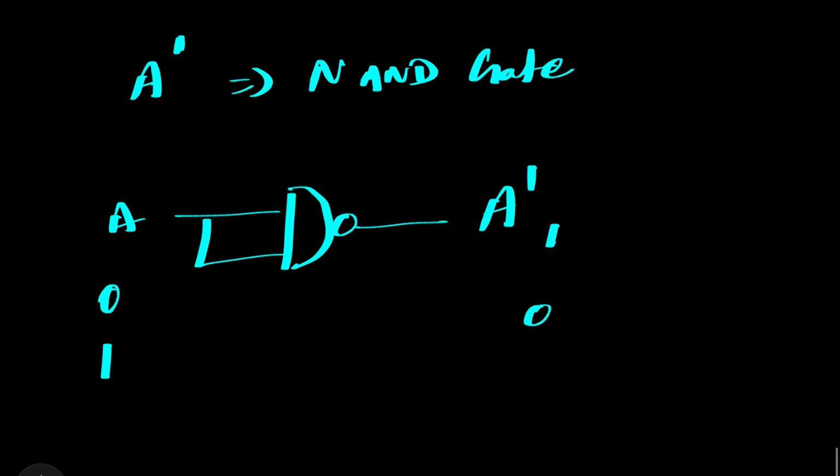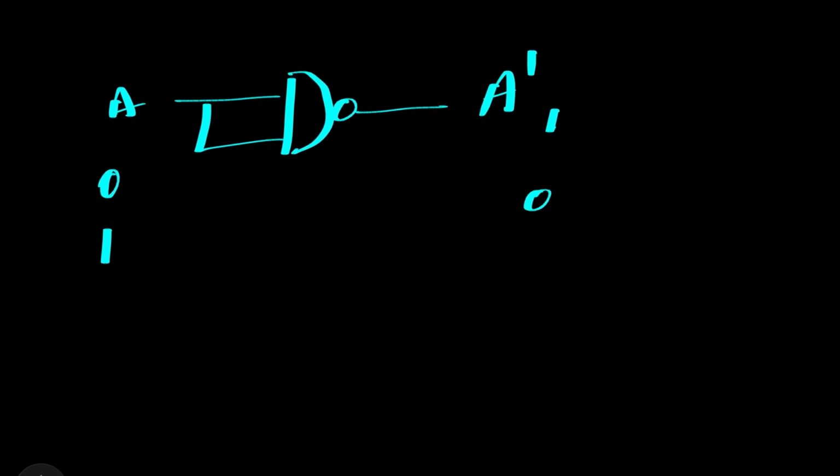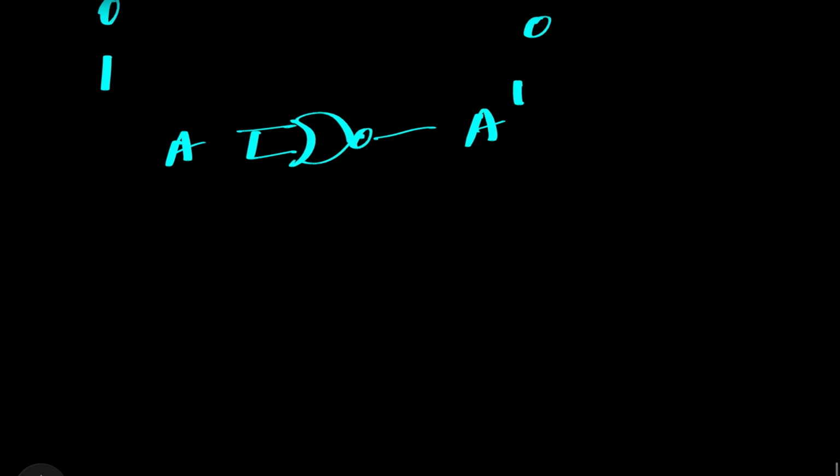This is how the NAND and NOR gates are universal gates, and it's quite easy to understand and simplify any Boolean expression so it can be easily circuited. The same goes for the NOR gate: the same input A can be given to a NOR gate and we get the output in the inverse pattern. This is how the NAND and NOR gates work.